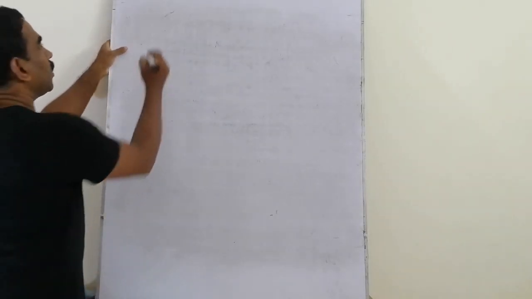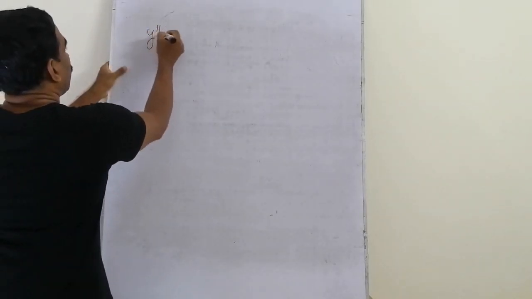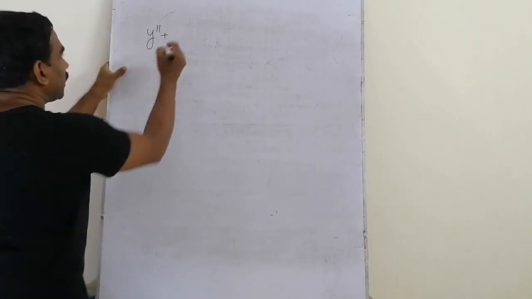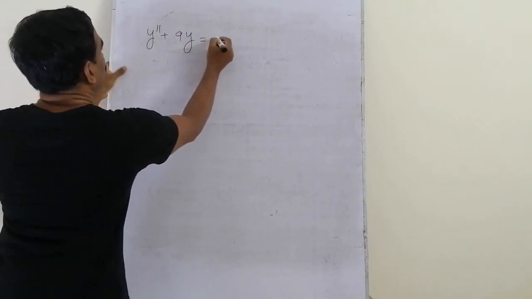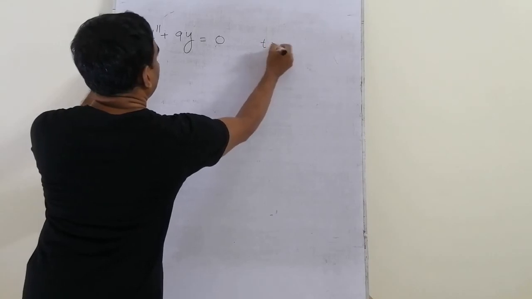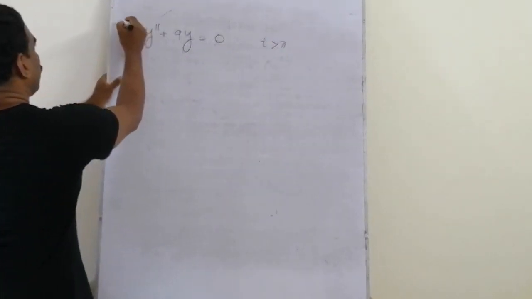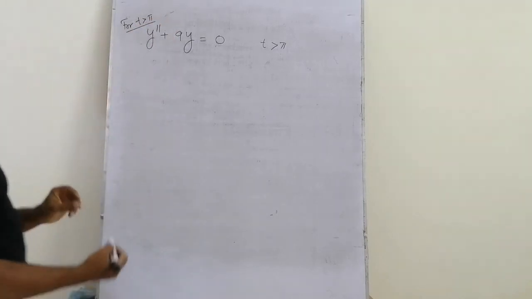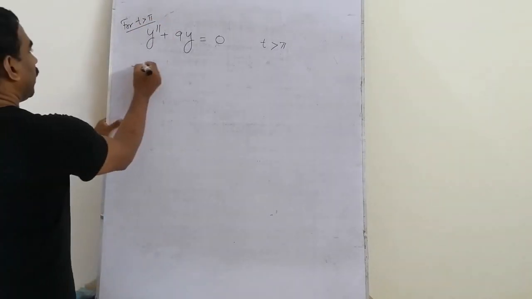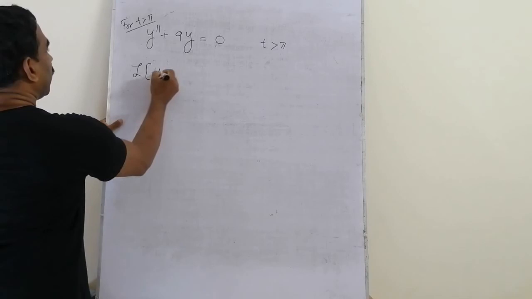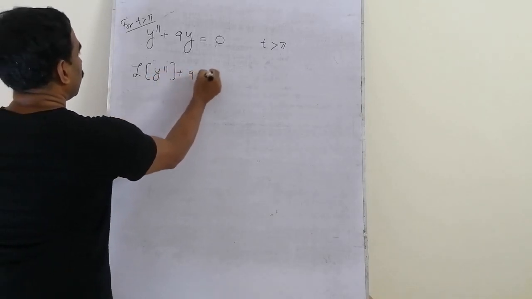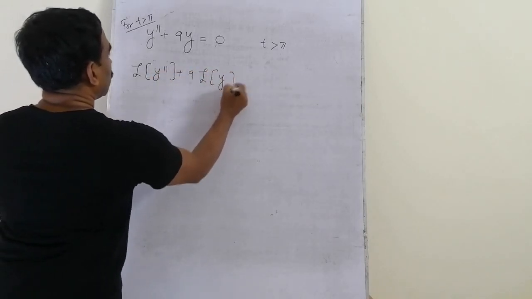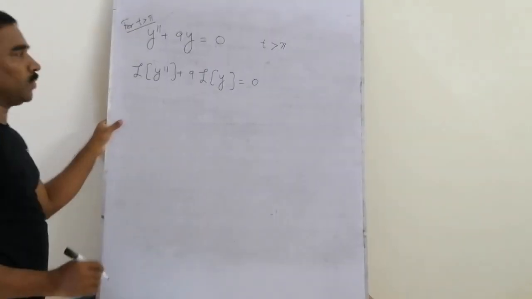Now consider the second part. The differential equation y double dash plus 9y is equal to 0 for t greater than pi. We can find the solution by taking the Laplace transform, that is L of y double dash plus 9 into L of y is equal to the Laplace transform of 0, that is 0.